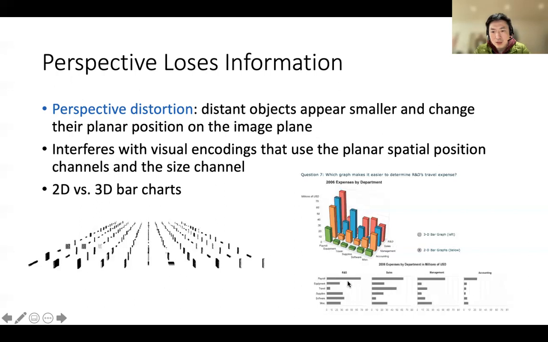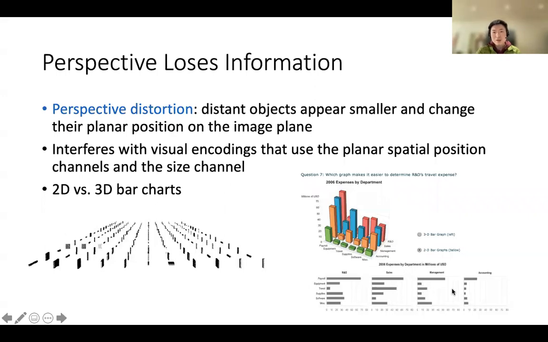In terms of comparing the values, for example, the green one here might be a little bit difficult to see, whereas using the 2D bar chart, the difference between the different bars is actually easier to see compared to this one.